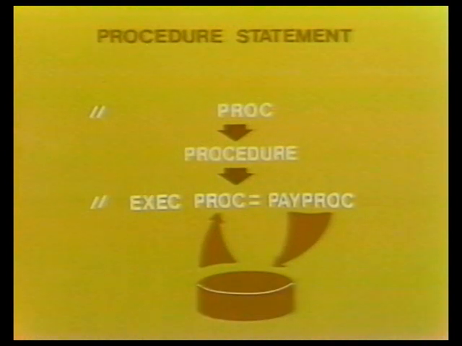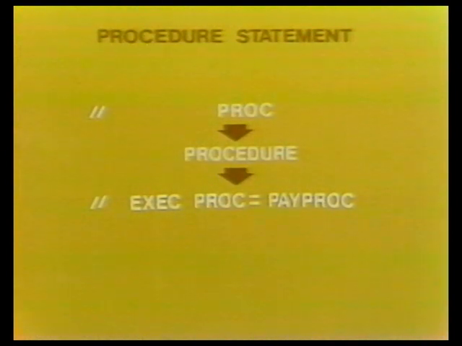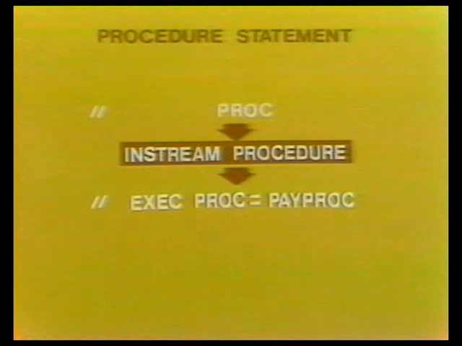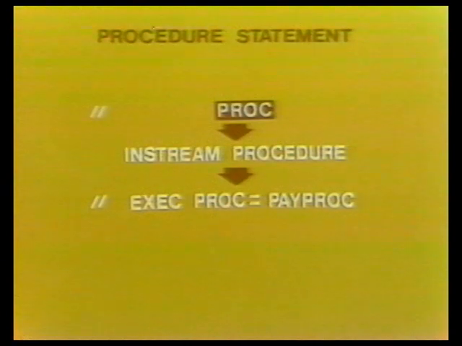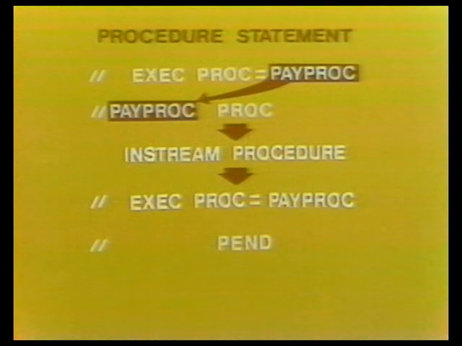A procedure does not have to be cataloged. It can also be included in the input stream, in which case it's called an in-stream procedure. An in-stream procedure must have a procedure statement to mark its beginning. It must also have a procedure end statement to mark its end. To invoke an in-stream procedure, you refer to the name of the procedure statement.